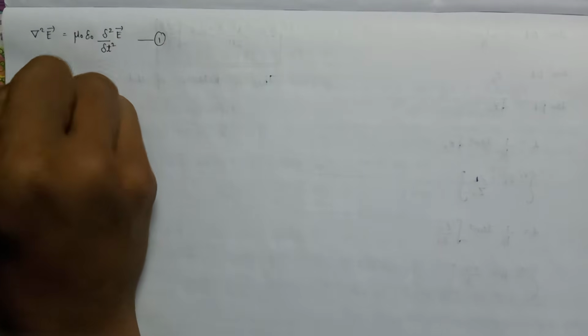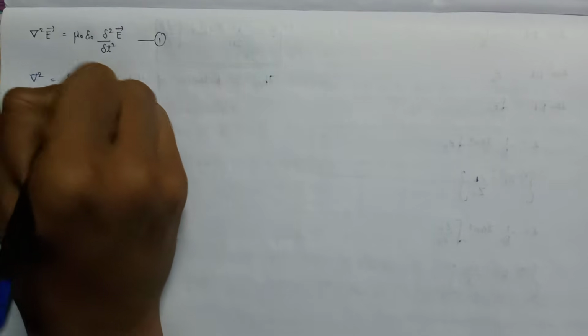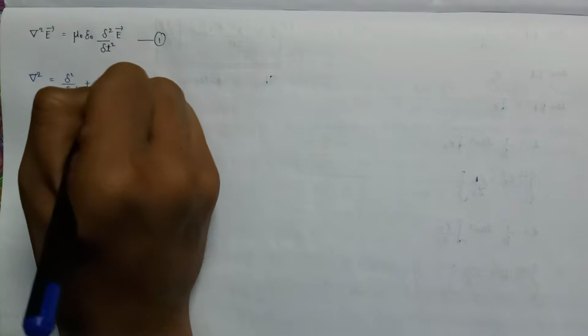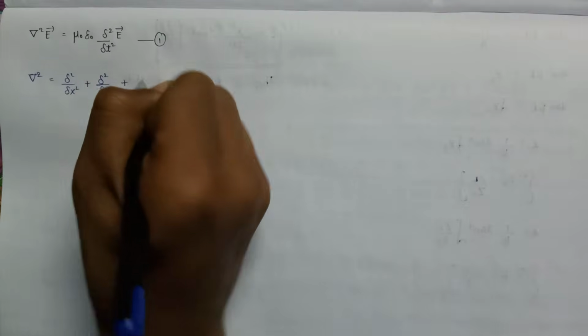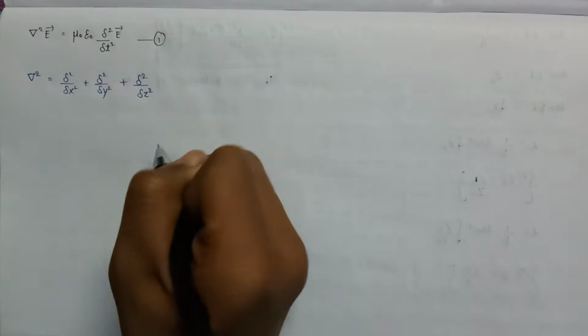Now here is the del square. If we evaluate the del square, its value will be equal to del 2 over del x square plus del 2 over del y square plus del 2 over del z square.